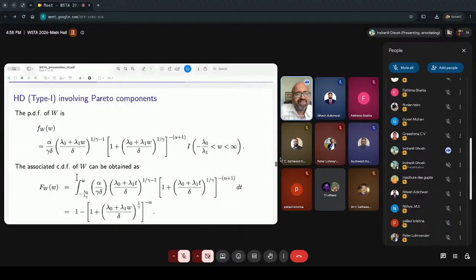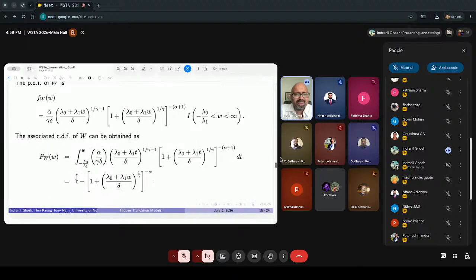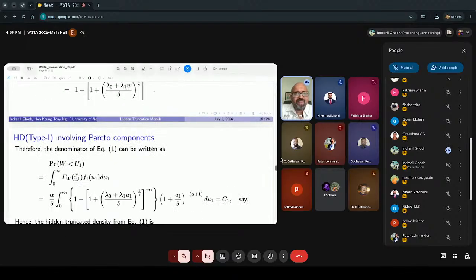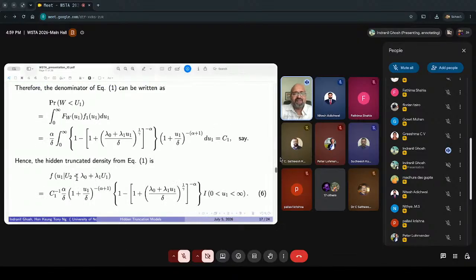The PDF of W would look like this, the associated CDF would look like this, and then based on equation 1, the hidden truncated distribution of U1 given U2 less than lambda 0 plus lambda 1 U1 would be like this. This comes from involving Pareto type 2 and type 4.